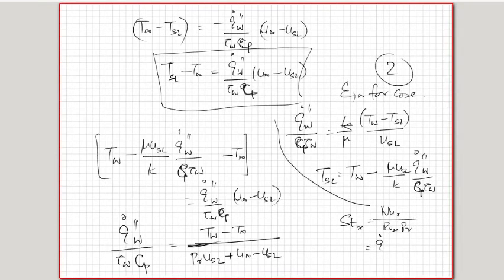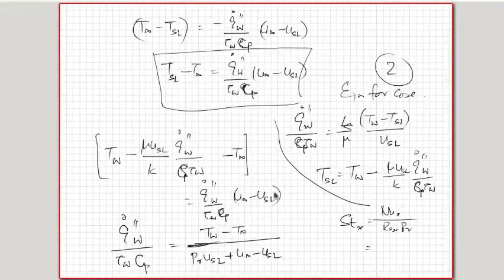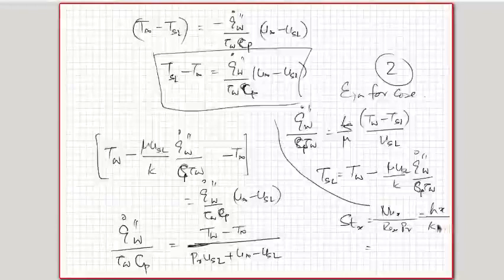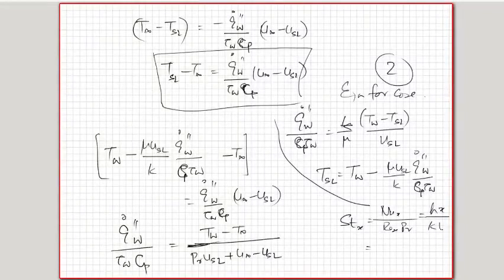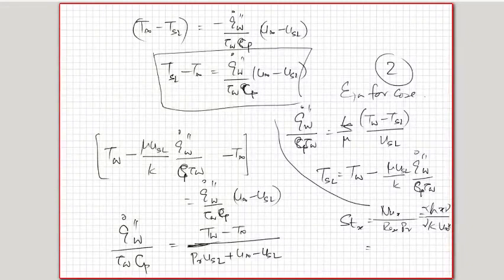Nu is Hx by K, and Rex is U infinity X by nu, and Pr is nu by alpha.